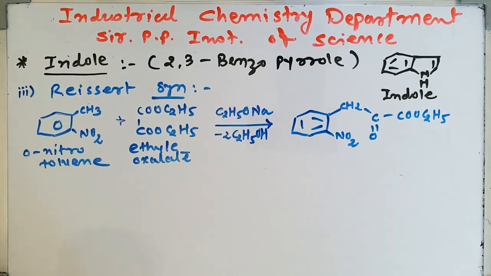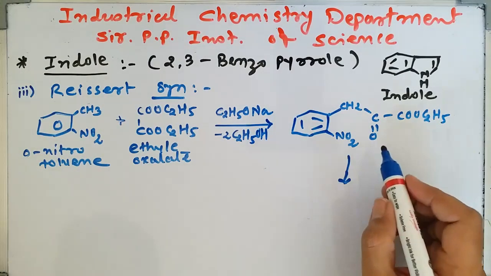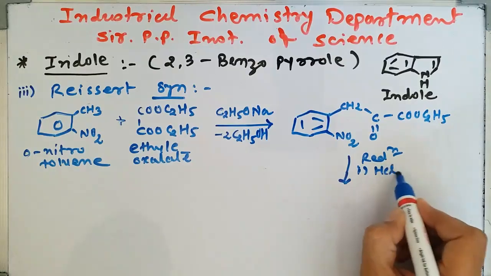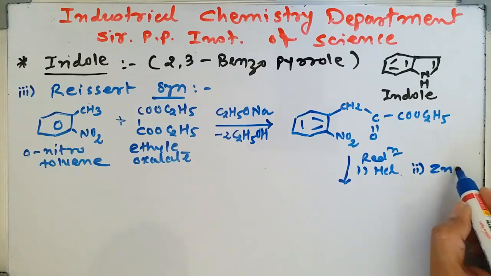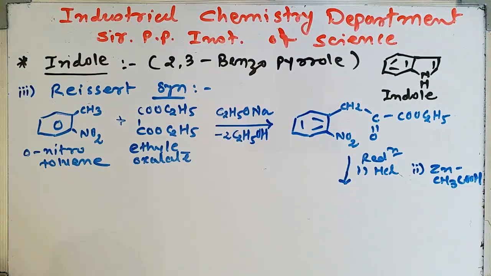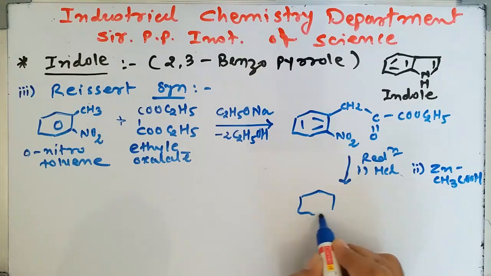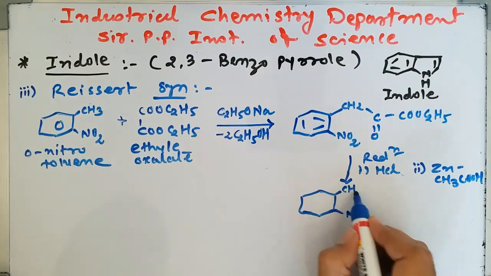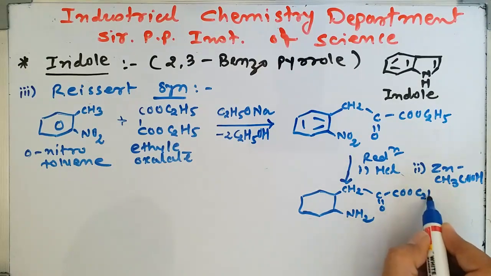Now this derivative undergoes two reactions. Reduction takes place with the help of HCl and zinc acetic acid mixture, converting the nitro group into an amino derivative. NO2 is converted into NH2. The remaining portion is as it is.